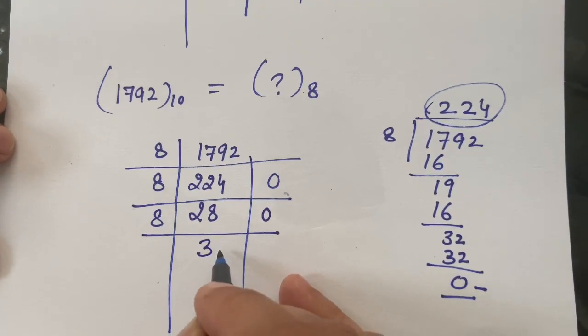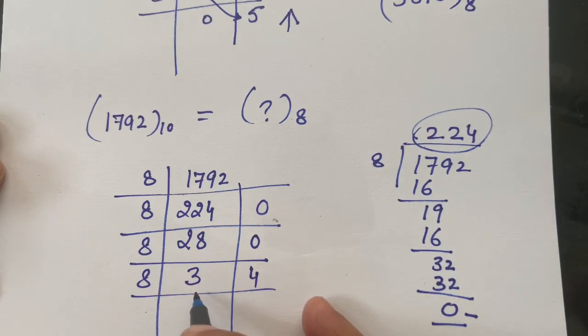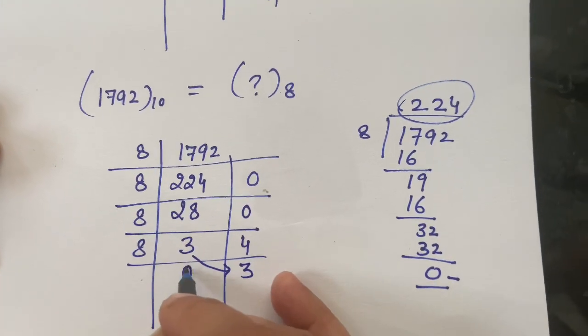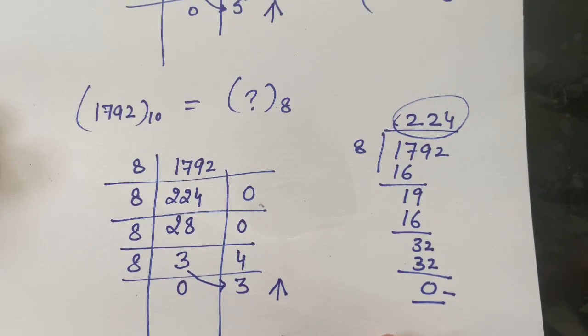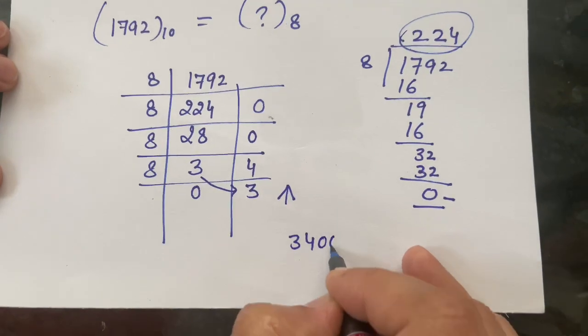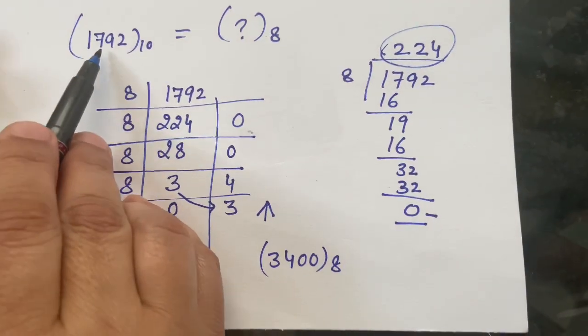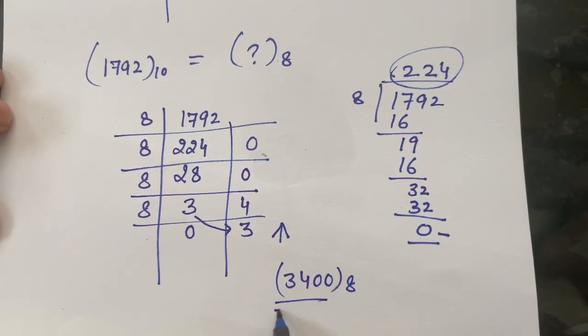So what is the remainder here? Number 4. So this number cannot be further divided, so we write it here, and the answer, you know, is from bottom to top. So 3400 is the answer, the octal number. If we convert the decimal number 1792 into octal, we will get this number.